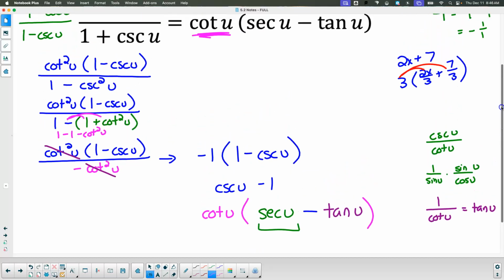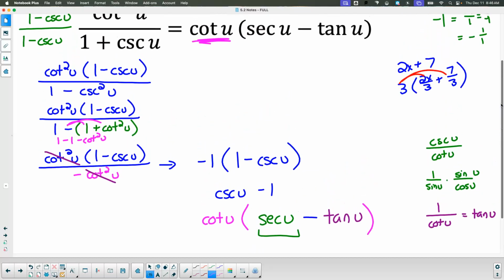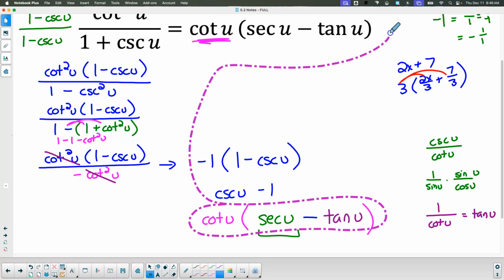And if memory serves me correct, that is what we needed. The point of that one is it helps to look at the other side, even though you can't work the other side.